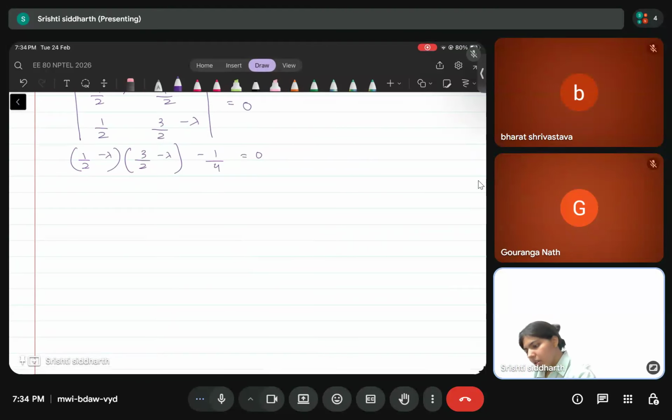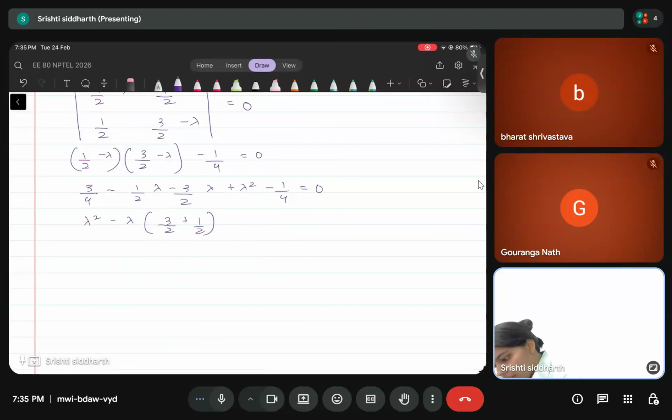Okay, so we get 3/2 minus half lambda minus 3/2 lambda plus lambda square minus 1/4. We have lambda square, and then we have minus lambda times 3/2 plus half, minus 2 lambda, and we have plus half.